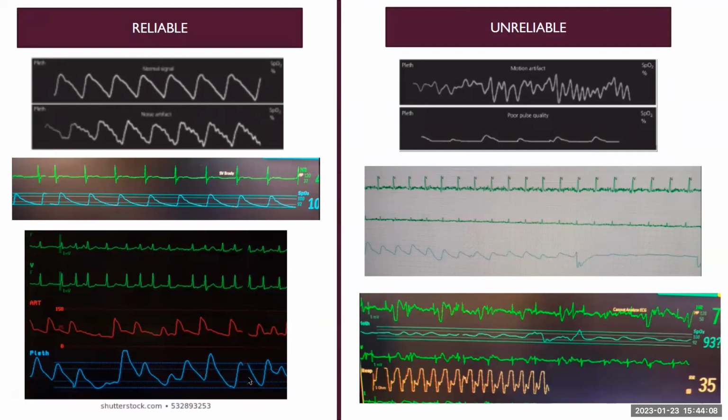Even though this one doesn't look pretty, it still correlates with the heart rate, because if you notice, the heart rate is irregular right now, and it still correlates. Versus on this one, either the pulse quality is poor and it doesn't really follow it, or it doesn't correlate with the heart rate at all. The heart rate's all over the place with this patient, and there's not really a good waveform going on.